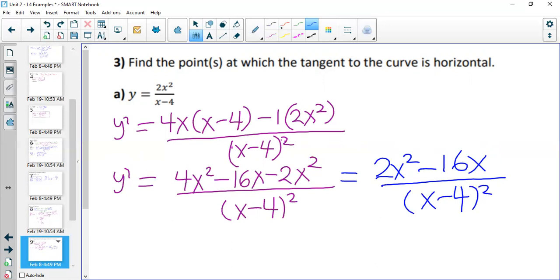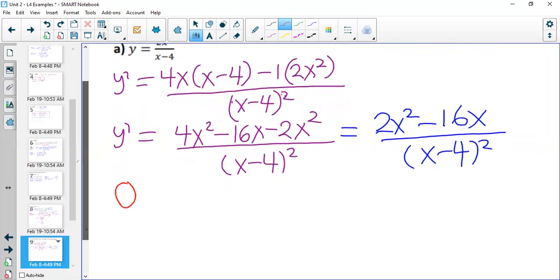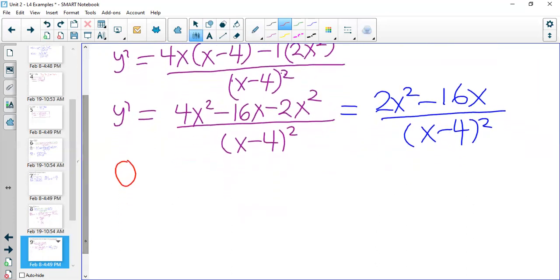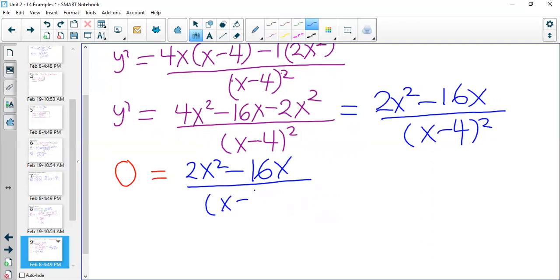Because it says at which the tangent to the curve is horizontal, I can set this entire equation equal to 0, because the slope has to be equal to 0 for it to be horizontal, and set that equal to 2x squared minus 16x over x minus 4 squared.